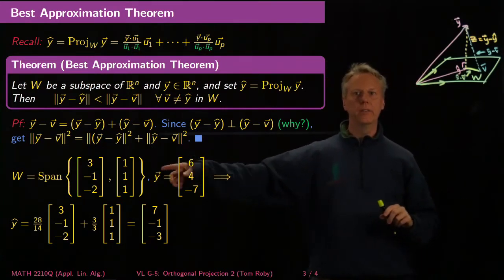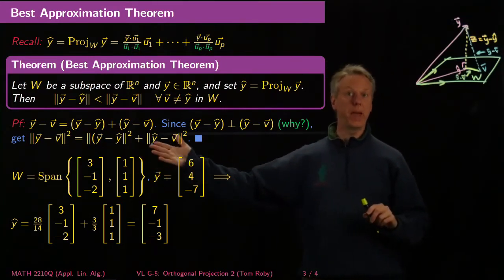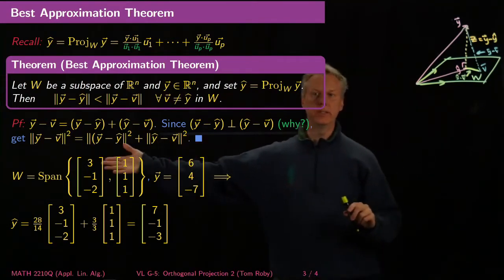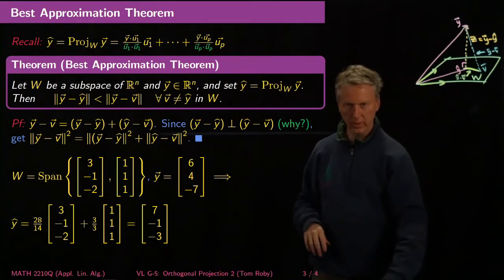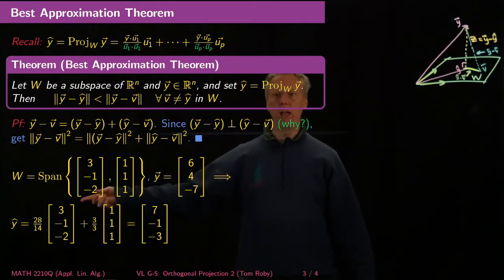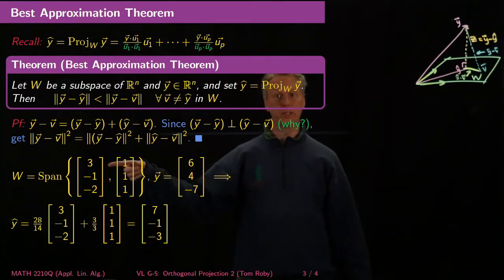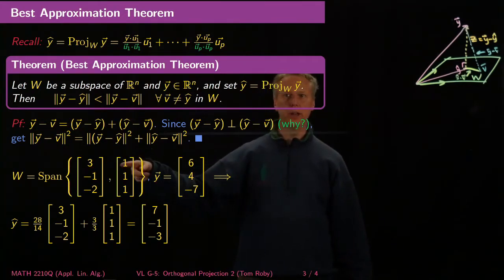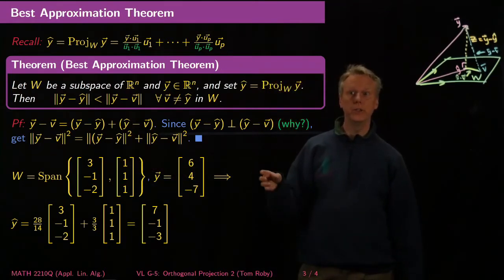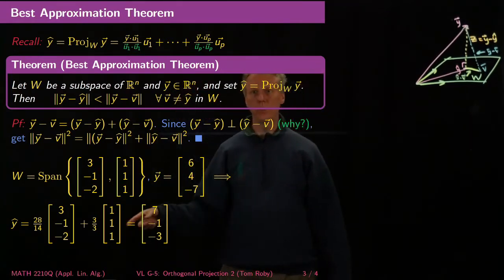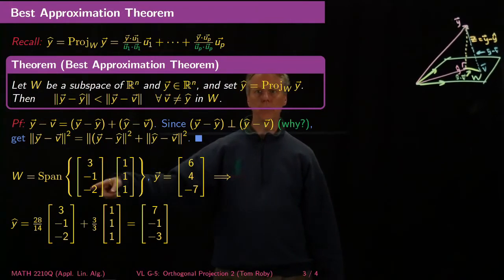And suppose the vector y, which is not in the span of these, as you can check, because the system would be inconsistent, is (6, 4, -7). Well, then what's y hat? First of all, let's double check: is this an orthogonal basis? Take the inner product. You get 3 minus 1 minus 2, which is 0. Good, so they're orthogonal. And so now you just apply this formula, starting with (3, -1, 2).